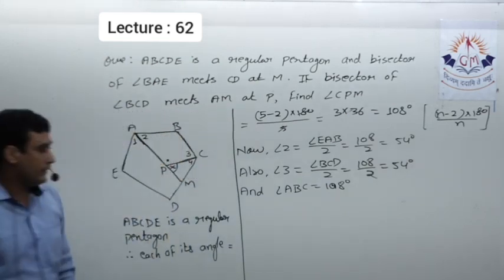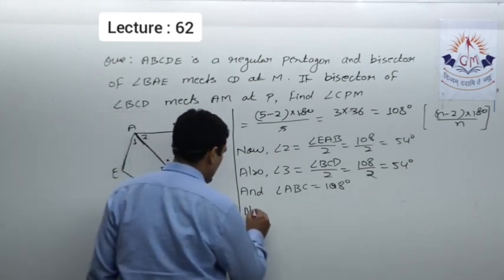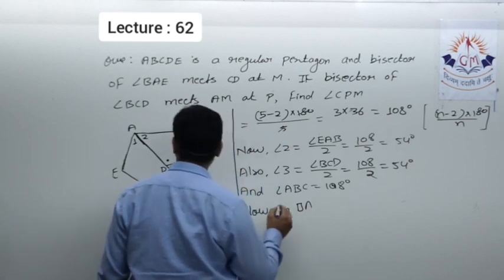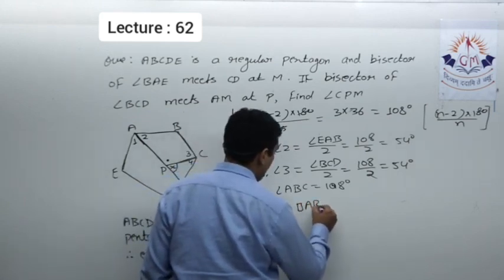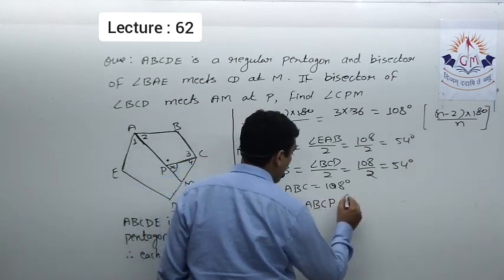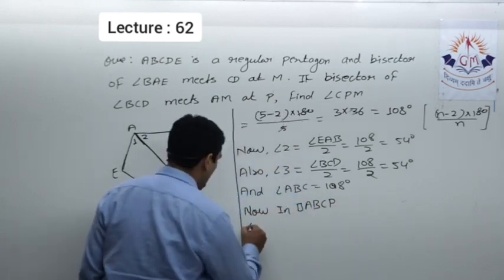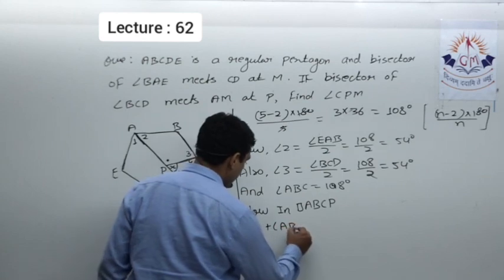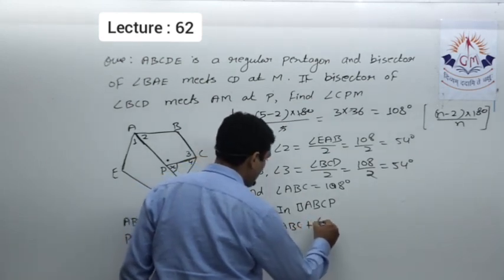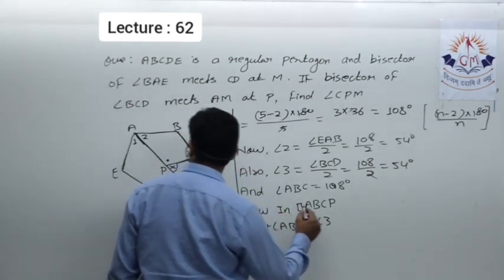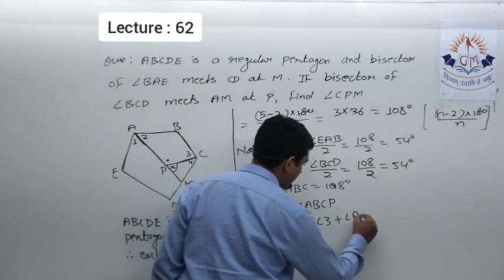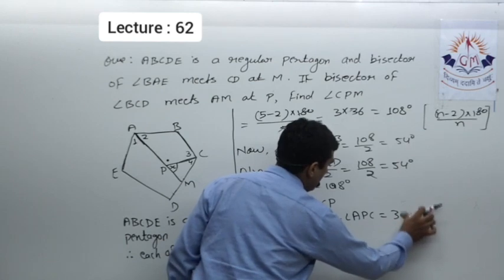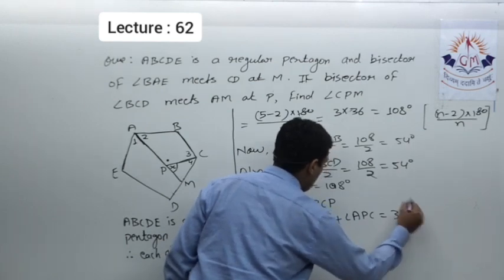Now in quadrilateral ABCP, write angle 2 plus angle ABC plus angle 3 plus angle APC is equal to 360 degrees.